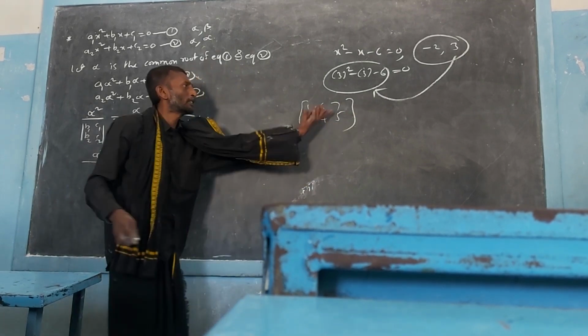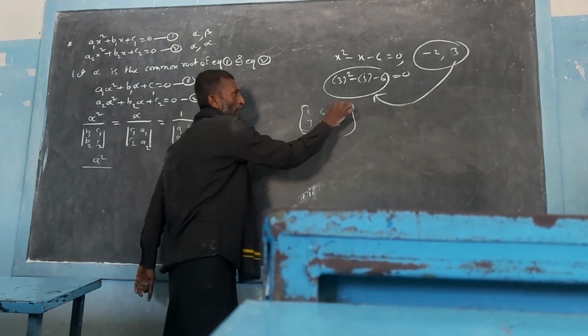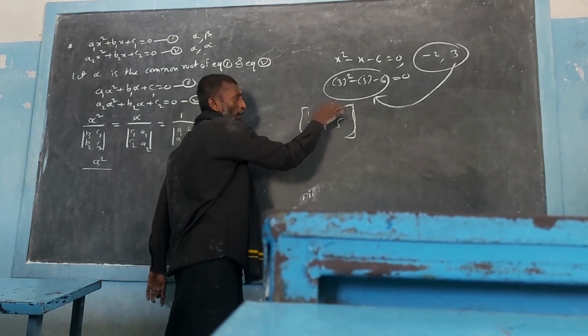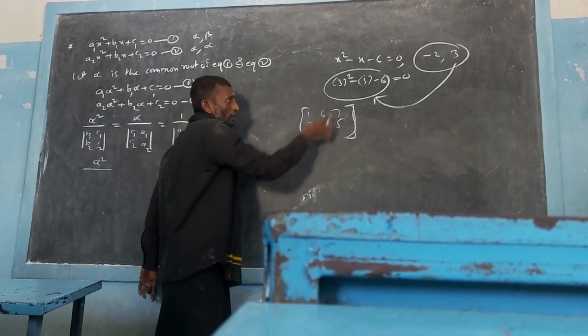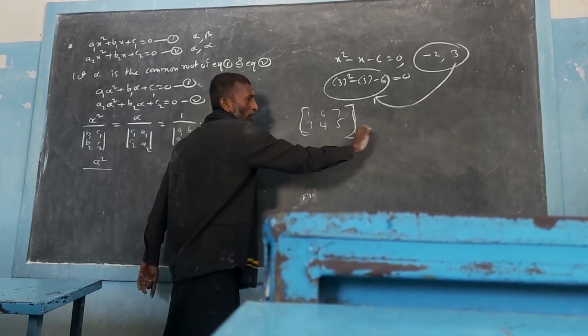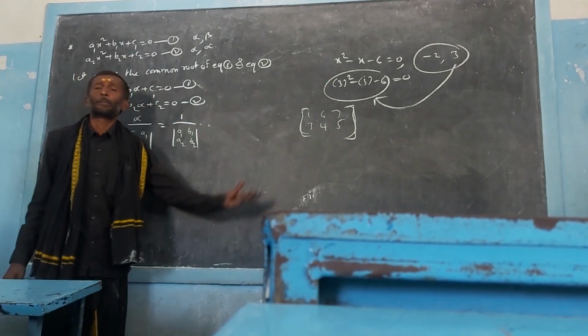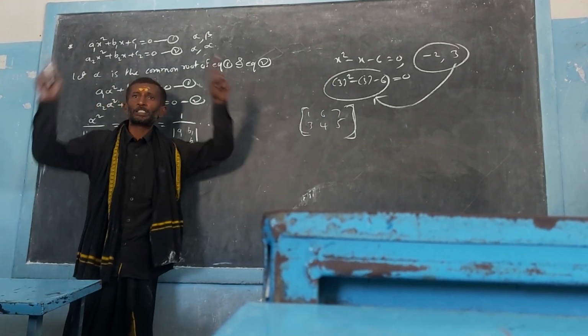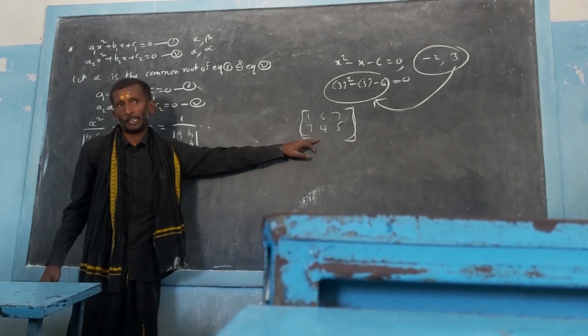These are real numbers, they are written in the rectangular array. This is called rectangular array. These all the members are arranged in the rows as well as in the columns. They are arranged in two rows, first row and second row, and first column, second column, and like that we can take the matrices. If you have the numbers within the rectangular array, this form we call it as matrix.